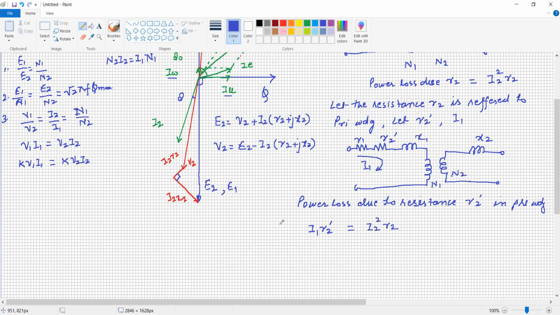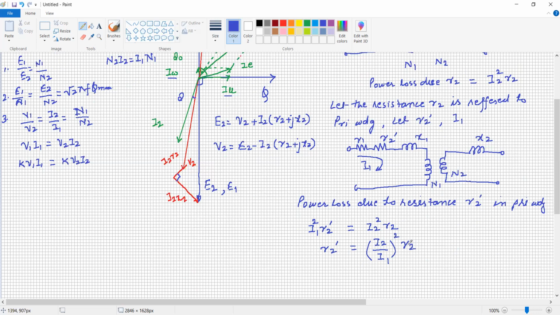It means that the resistance R2 dash is equal to I2 upon I1, bracket square, R2, in such a way that the power is invariant.